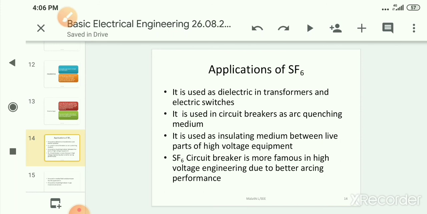It is used as an insulating medium in gas insulated substations. So SF6 gas substations are also very famous, because those substations are very compact.